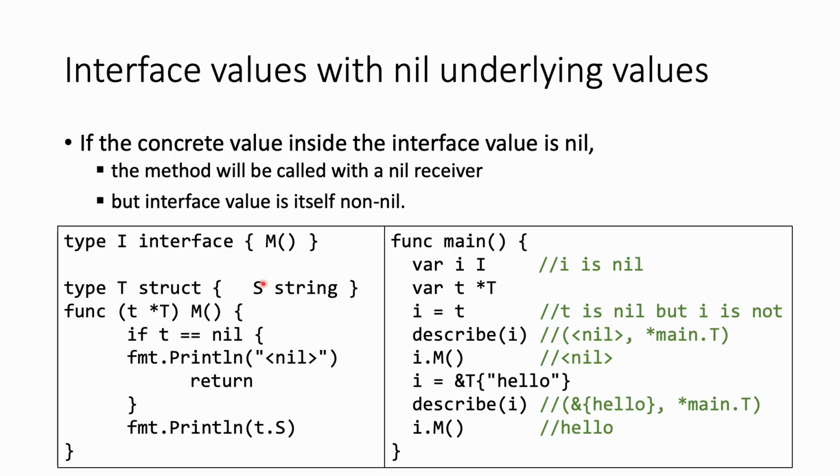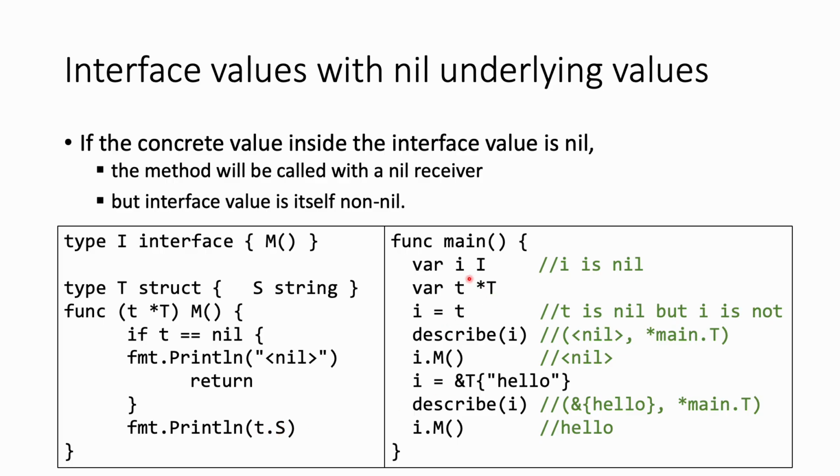As an example, let's modify the method M of the interface I that the struct T implements. In this method body, it first checks if the pointer receiver T is nil, and if so, it prints out the string nil. Otherwise, it prints out the field S of the receiver T.